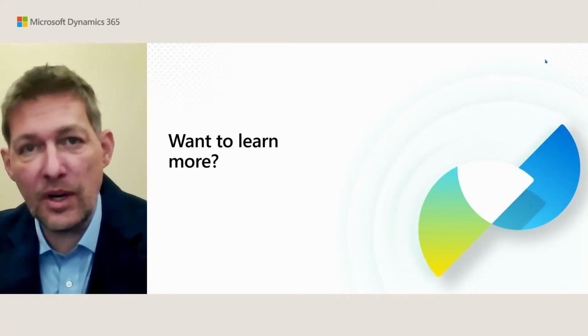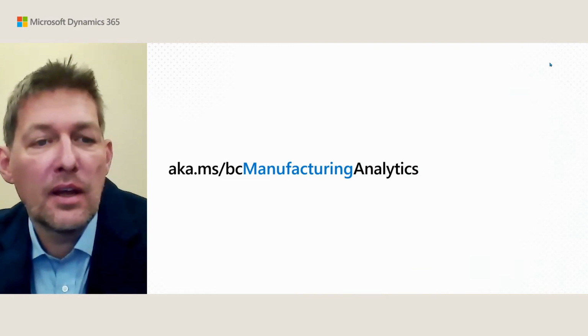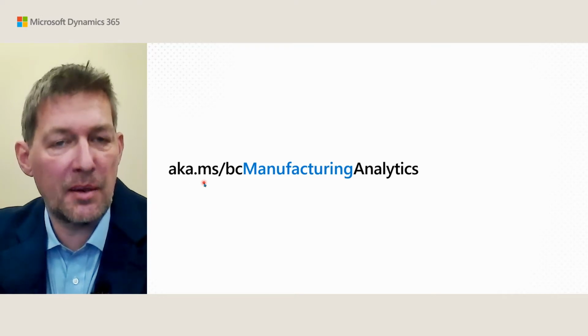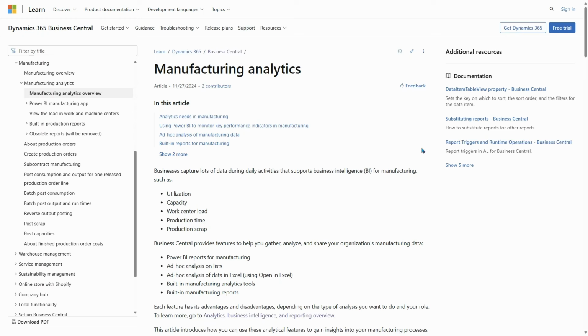If you want to learn more about everything that you can do within manufacturing analytics, there's an easy way to get to that. Let me just show you how. The aka link, aka.ms/BCManufacturingAnalytics. Let's check this out and see what is behind that. So this is the landing page.